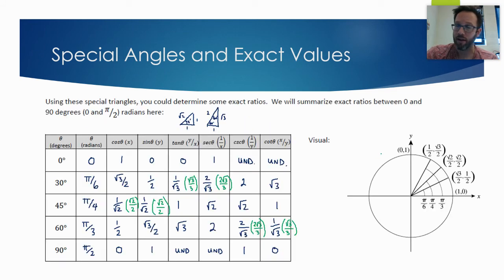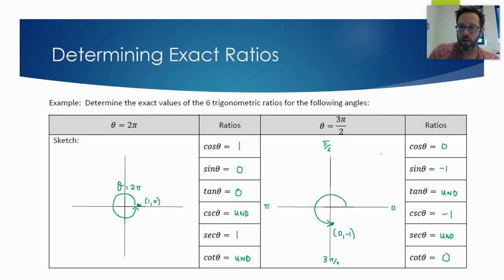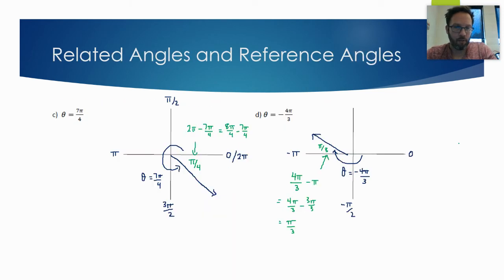There's no reason you just can't have these values out. Cosine of pi by 3, a half. Sine pi by 3, root 3 over 2. Tan of pi by 3 is root 3. That's just staring us in the face, right? So let's just pop them in. Cosine, 1 over 2. I'm just double checking that.